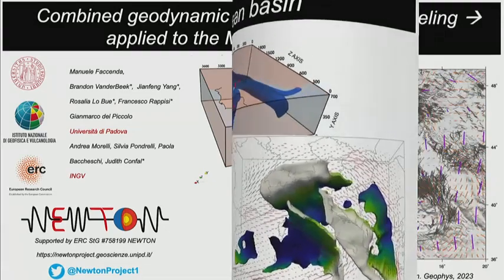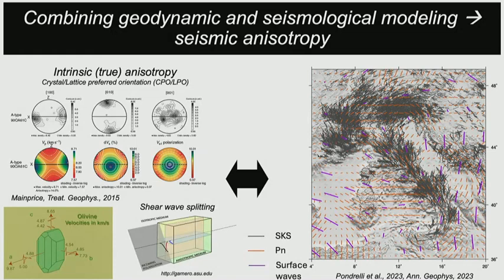The point is that geodynamics and seismology are linked because the geodynamic evolution of a given area affects the elastic properties of the medium that we want to study with seismic methods.